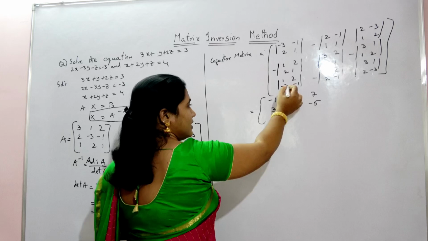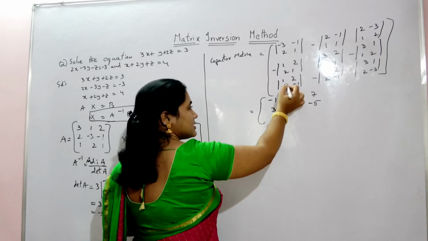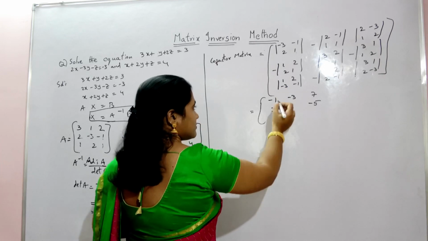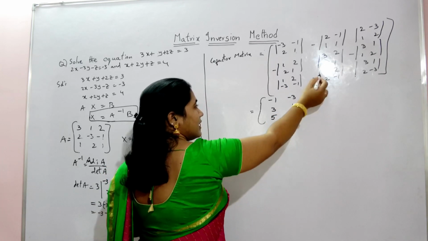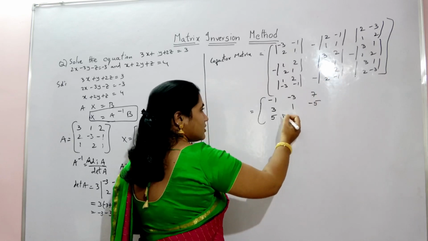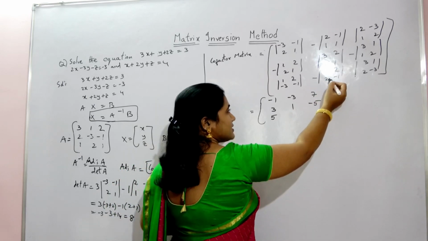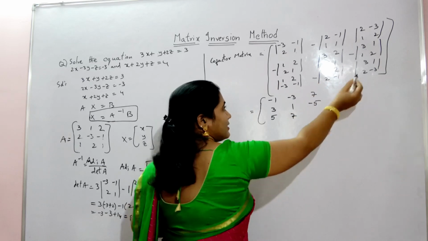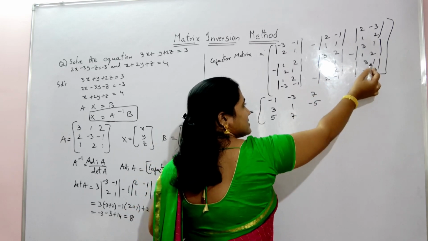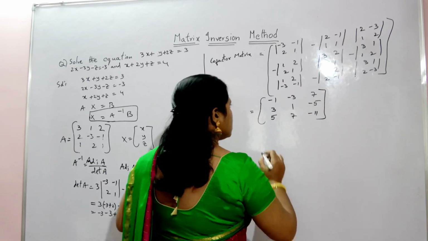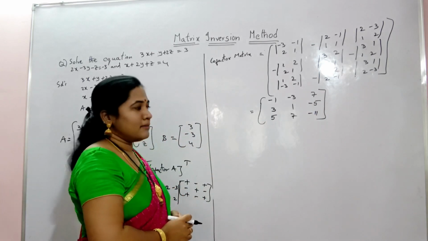And -1, 2 threes are 6, 5, and this is -3 plus 4, -3 minus 4, -7, minus into minus plus 7, and -9 minus 2, -11. So this is the cofactor matrix.